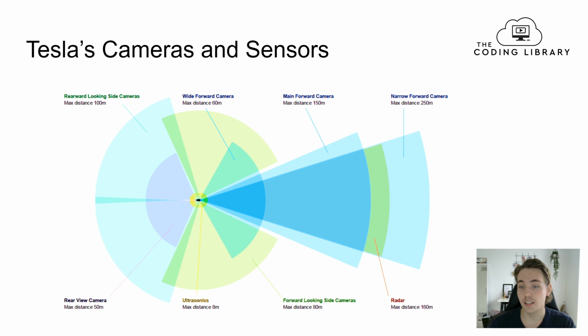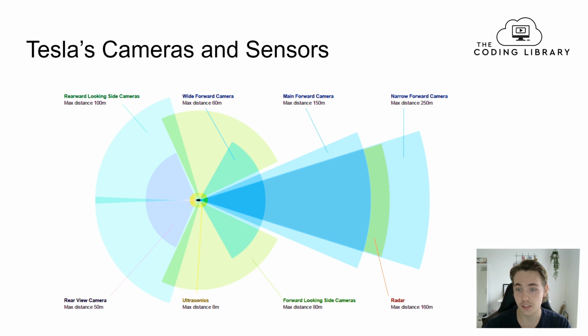And then you also have a narrow front camera which has the same field of view as the radar that Tesla uses. These are the only sensors Tesla uses for detection regarding cameras and also radars. So Tesla is not using LiDARs, as I'm also going to talk about.